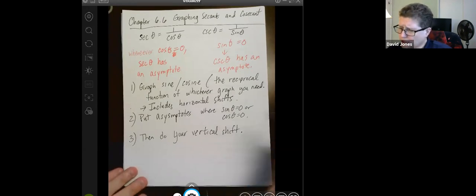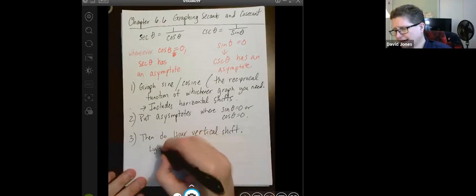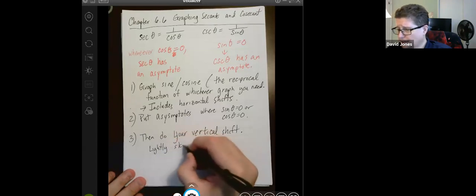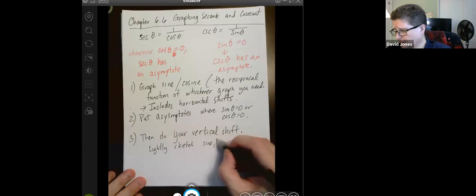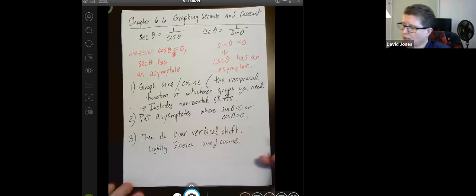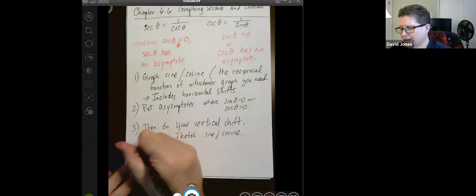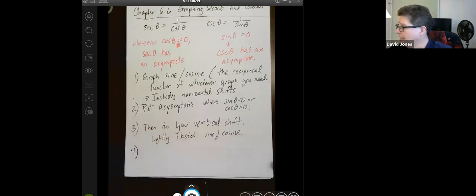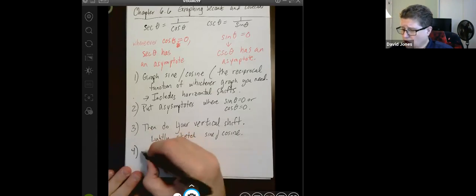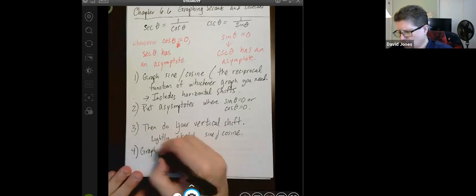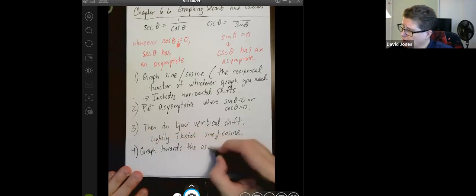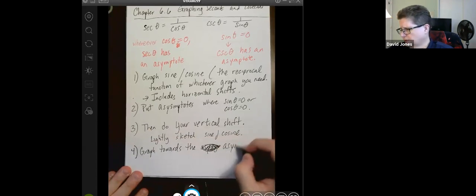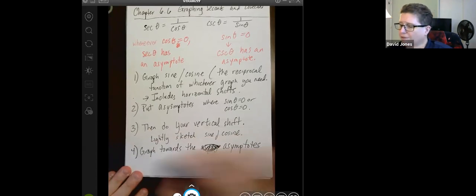Then do your vertical shift, lightly sketch sine and cosine. And the easiest way I can say this is graph towards the asymptotes, away from the center.